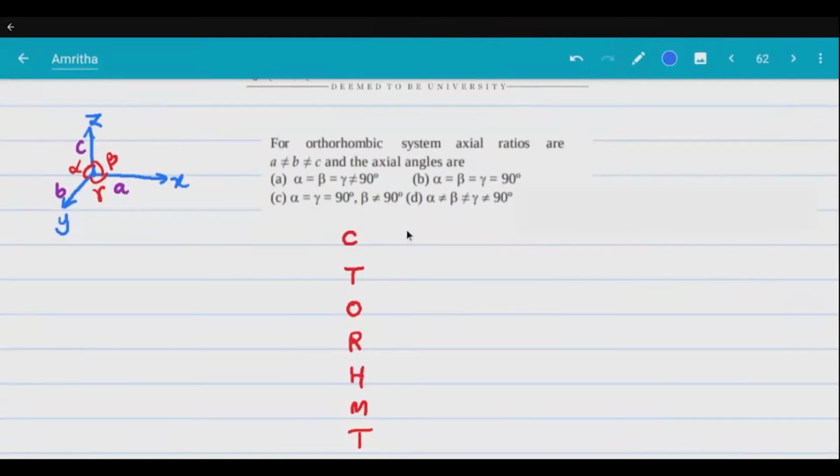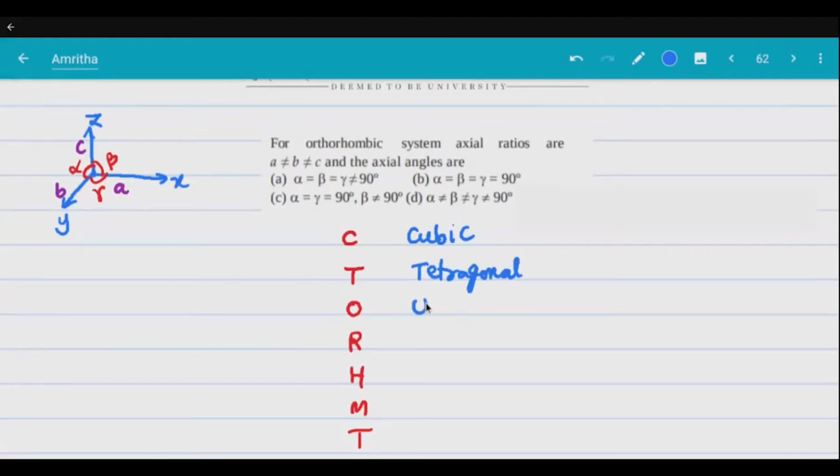C is for the cubic system. T is for the tetragonal system. O is the orthorhombic system. R means rhombohedral system.